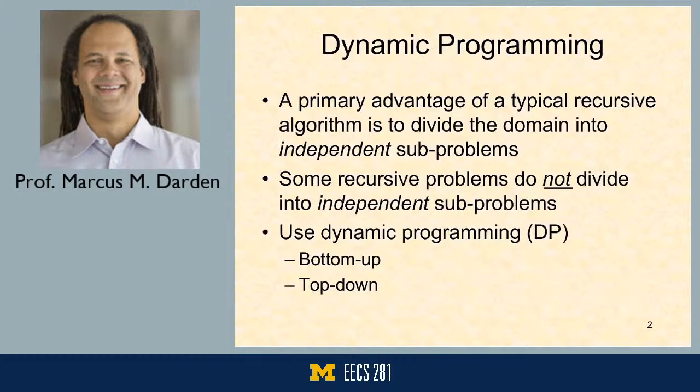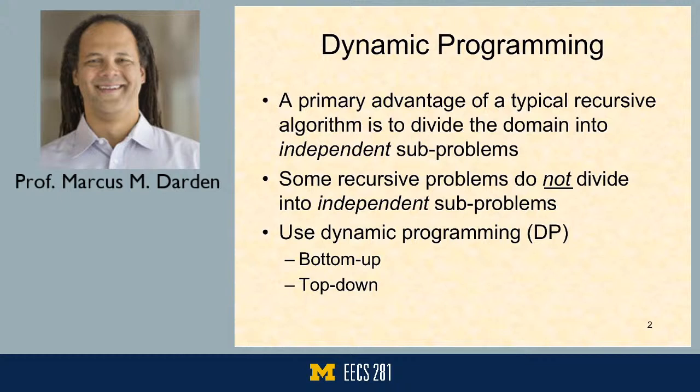So in dynamic programming, the primary advantage of our recursive algorithms is usually we divide the problem into smaller, independent subproblems, as in typical recursion. However, some of our recursive problems don't give us these independent subproblems. And we saw that as we looked at some of the ones in the past. We've seen Fibonacci numbers.